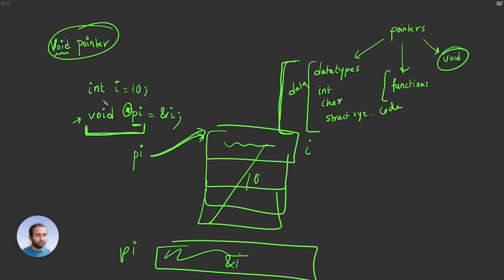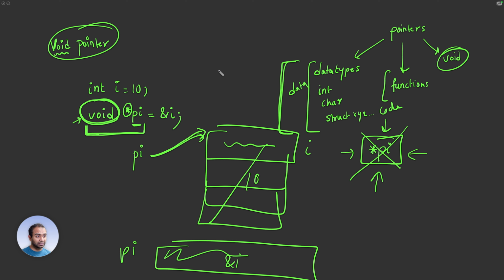Now, the first difference was in terms of declaration or definition, and the second one, which is the most fundamental one, is that you cannot dereference a void pointer. This has no meaning, right? In fact, the compiler will yell at us when we try to do this. It'll throw an error.